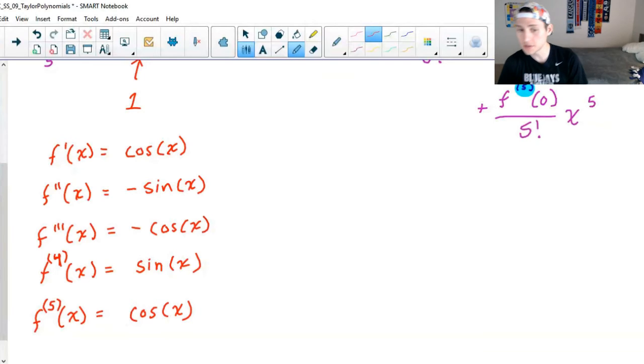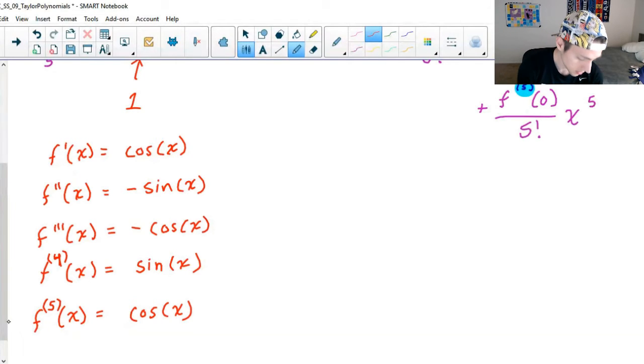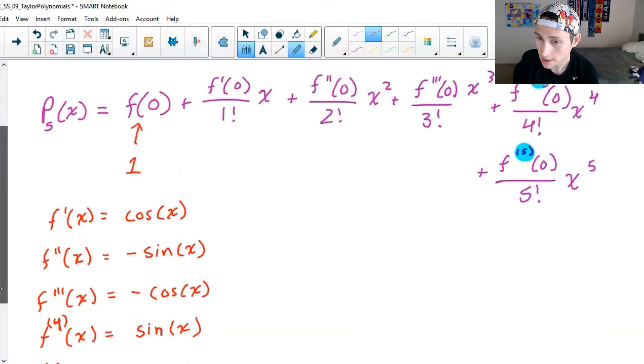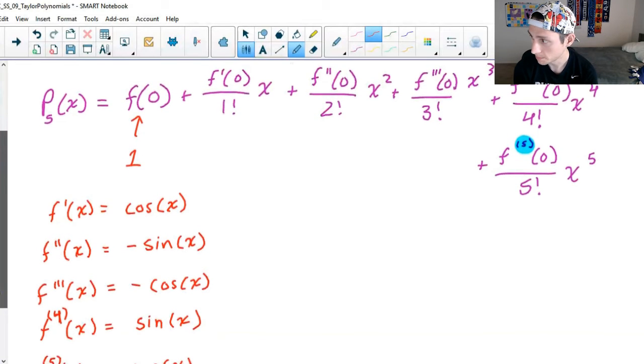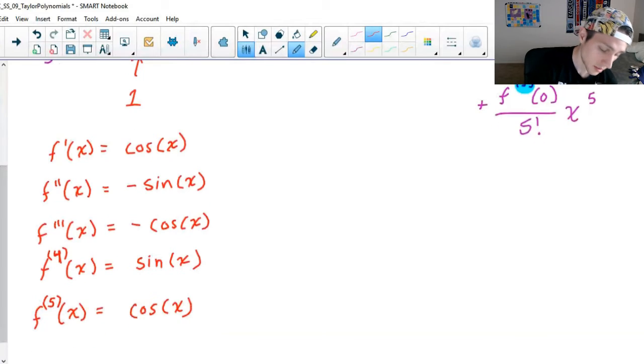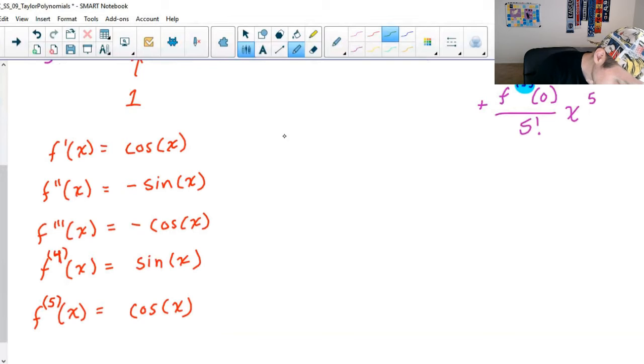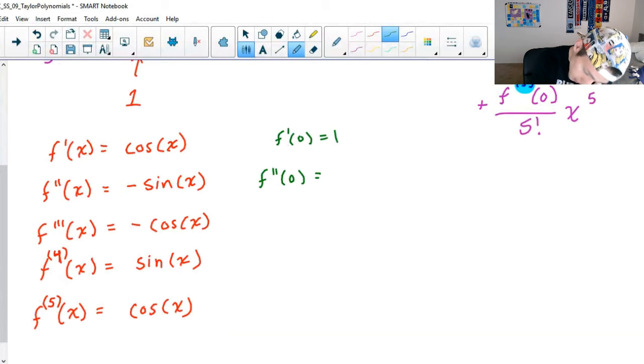Those are just the derivatives themselves. But as we look back up at our polynomial, we want to take these derivatives and plug in 0 because it's centered around 0. Great, so let's plug in 0. Cosine of 0 is 1. Negative sine of 0 is 0.